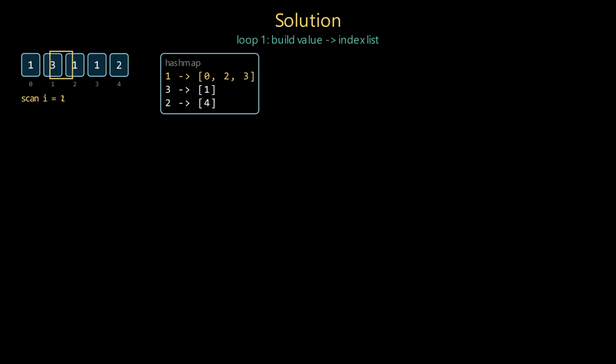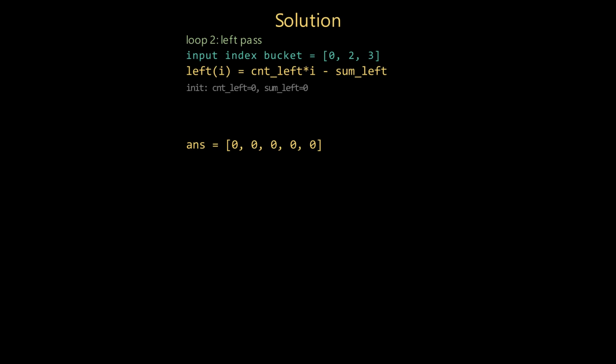Loop 1 builds the hash map from value to sorted index list. For our example, value 1 maps to indices 0, 2, and 3. Initialize left pass counters. Count left is 0, sum left is 0. Step i equals 0.